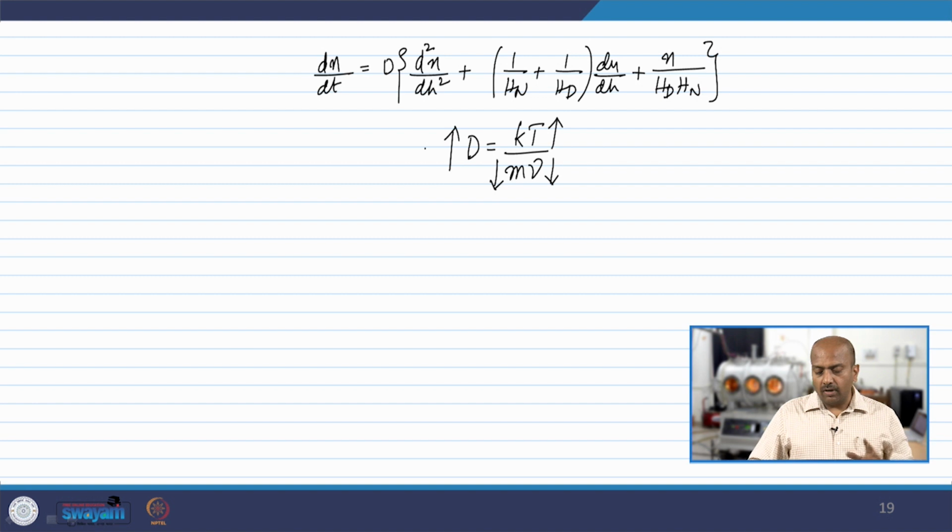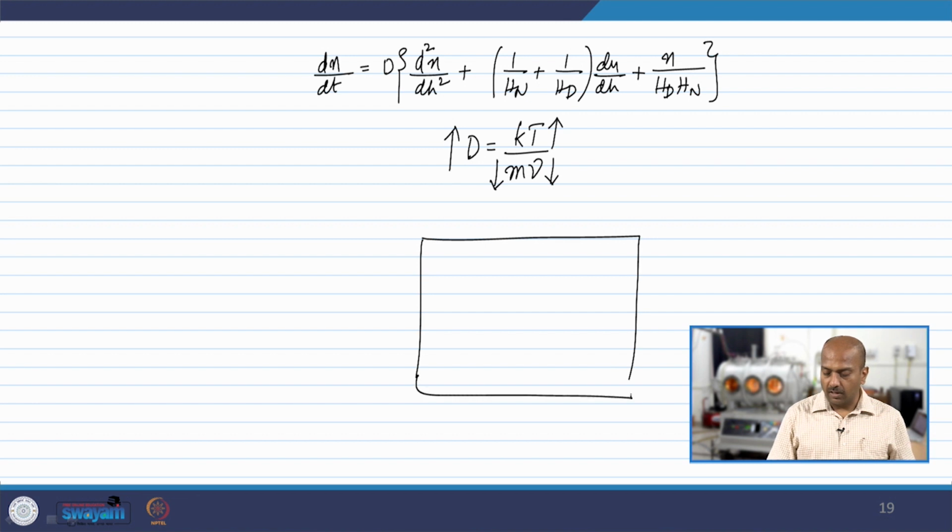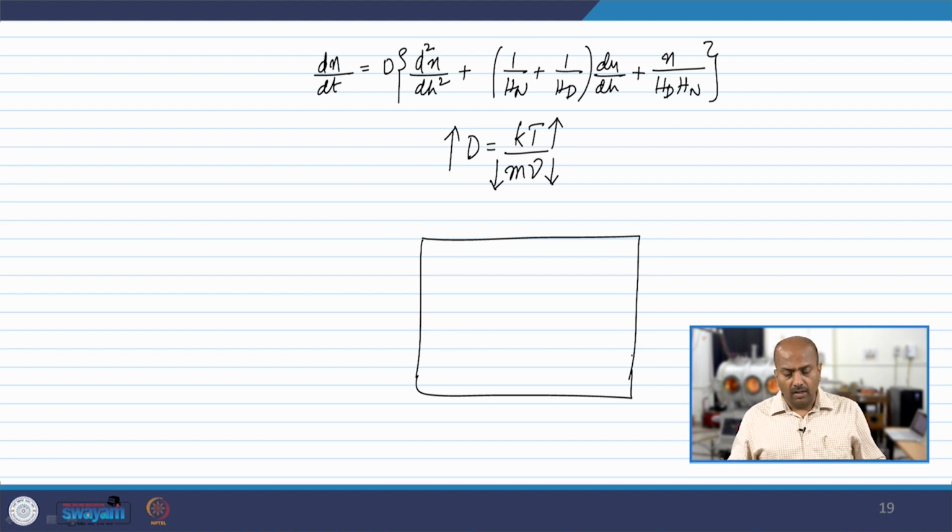So, basically what we are trying to understand is, if you have a major species in, let us say, a fluid, how the minor species will diffuse through it by means of collisions or by avoiding collisions is the main topic of discussion.